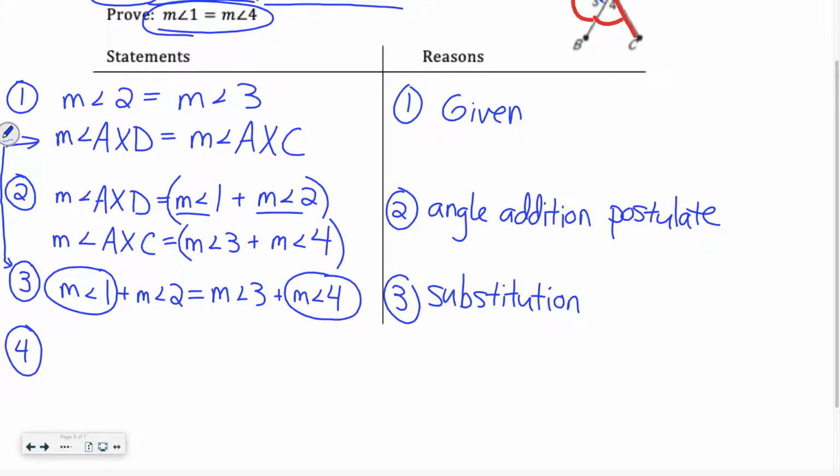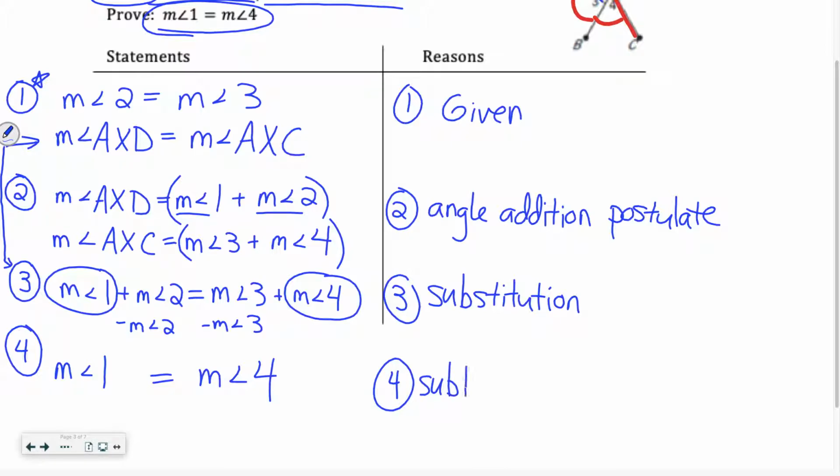We subtract it. How do you get rid of a positive angle 3? You would subtract it. And if you look at step 1, we said that those two things are equal. So if you subtract these two things, we are subtracting things that are equal to each other. So we can go down here and say measure of angle 1 is equal to the measure of angle 4. And how did we get rid of angle 2 and angle 3? We used the subtraction property of equality.